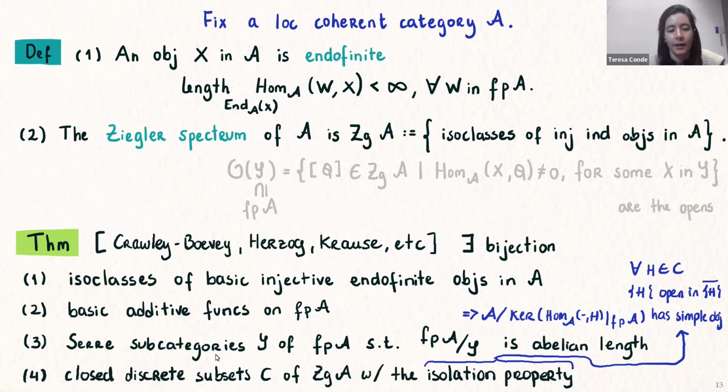Well, we are taking this Serre quotient, which we are saying is an abelian length category. So in there, we have the notion of a composition length in this quotient, Fp(A) modulo S. We can compute the composition length in here, and we pull back this composition length to the category Fp(A), and this gives rise to a basic additive function on Fp(A). And this is more or less how things are related.